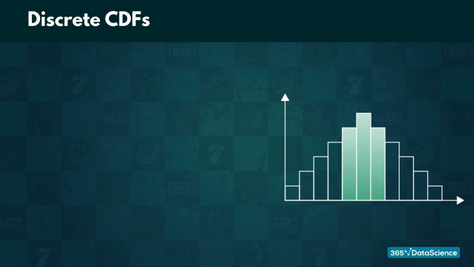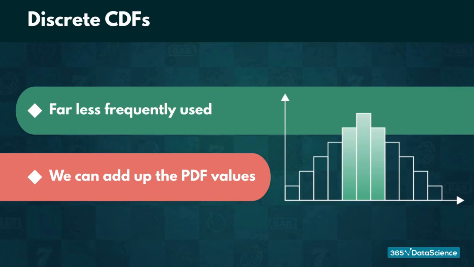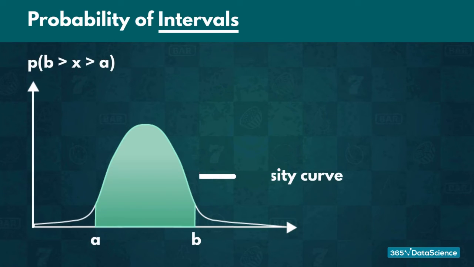Discrete distributions also have CDFs, but they are used far less frequently. That is because we can always add up the PDF values associated with the individual probabilities we are interested in. Good job, folks. The CDF is especially useful when we want to estimate the probability of some interval. Graphically, the area under the density curve would represent the chance of getting a value within that interval.